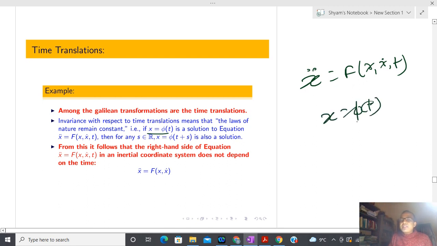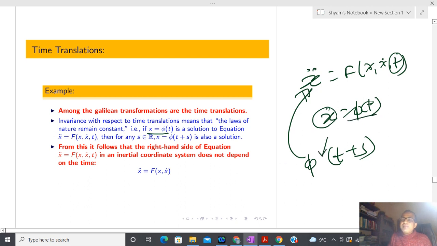So now I have to make sure that if I consider any increment in time, that is t plus s, the same solution set should satisfy this. Could you please guess when this kind of thing happens? If the differential equation is explicitly depending on time, is it possible to guarantee that if I change phi t to phi t plus s, then that will satisfy the same equation?